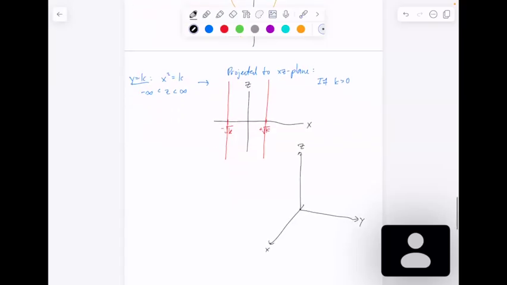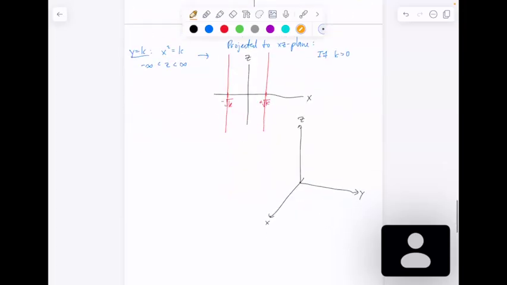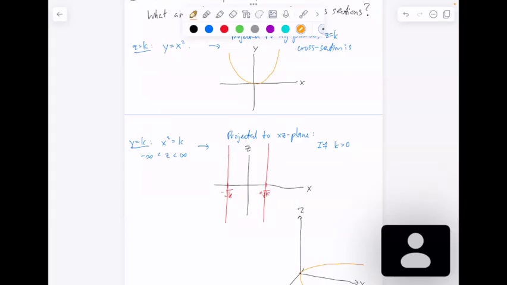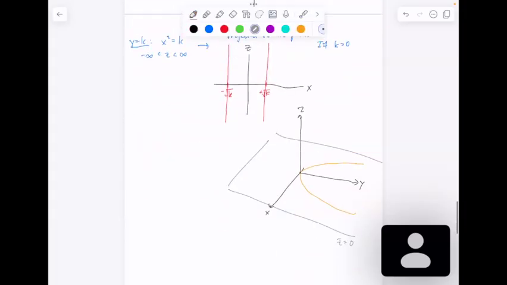So together, what this looks like is you have a parabola. Let's say on the z equals 0 slice, that's the xy plane, you have your parabola that looks like this, right? That's from this slice here when z is equal to 0. And then as you move up, this doesn't change, right?